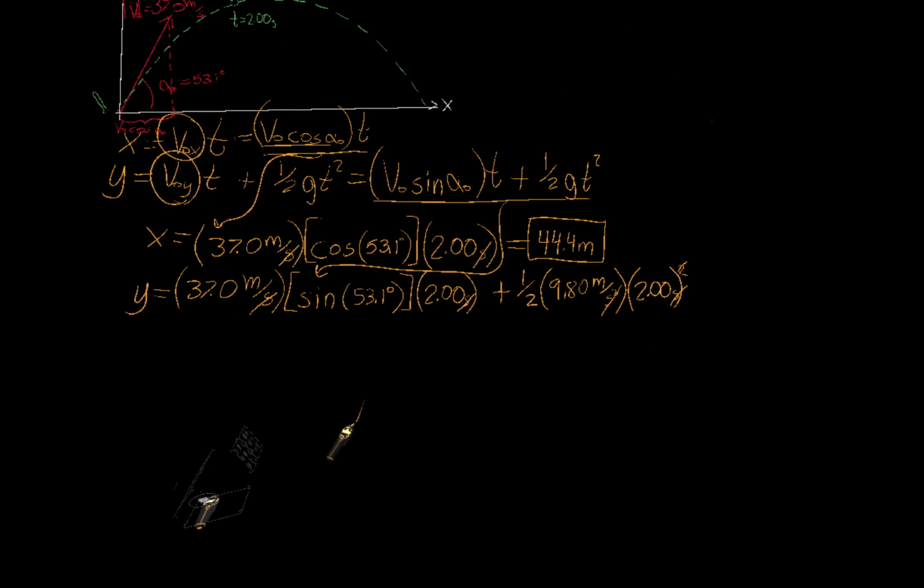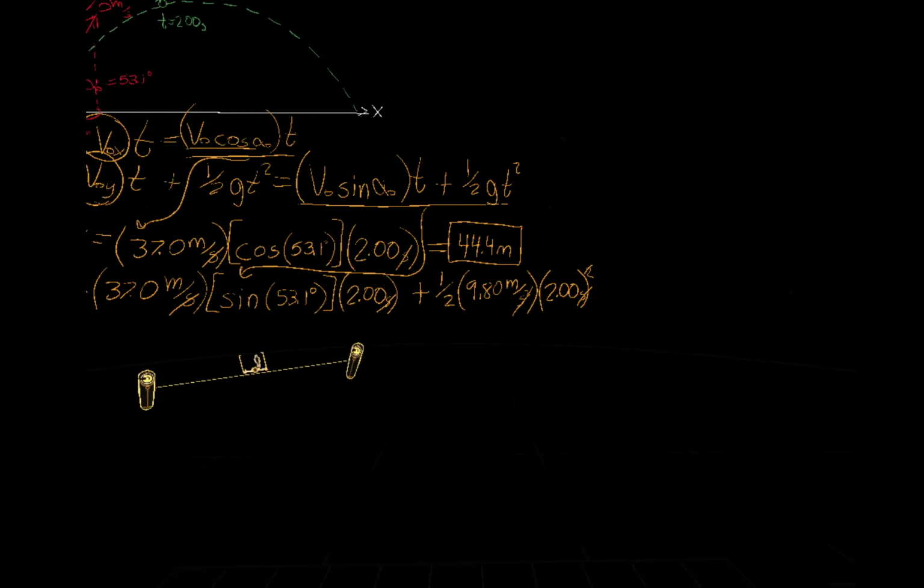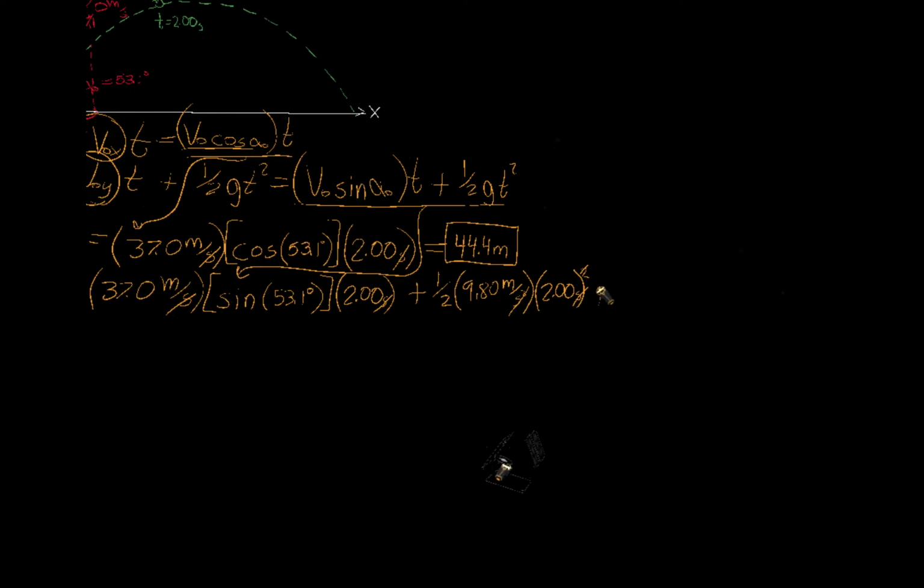And so this works out to, if you plug that into your calculator, and make sure that your calculator is in degrees if you're plugging in degrees, or radians if you're plugging in radians. Double check that, especially before doing a bunch of work. So if you plug that in, you should get 39.6 meters. That's y.